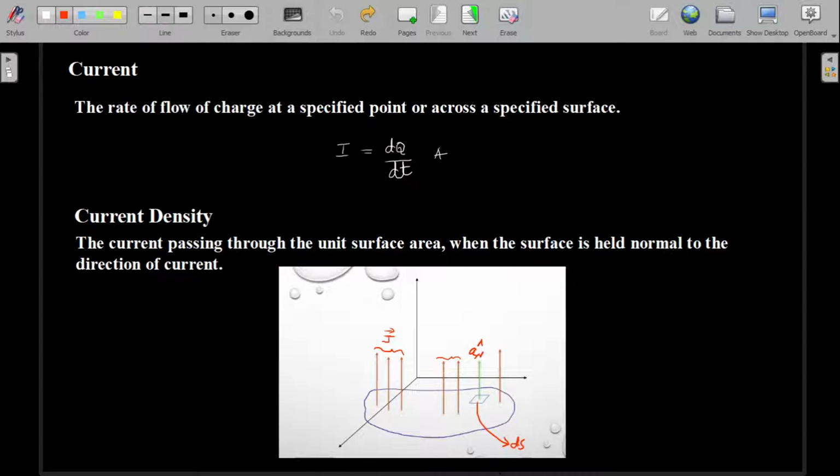Current can also be defined as the rate of flow of charge at a specified point or across a specific surface. So with that definition, we can represent current as I equals dq by dt, and the unit is amperes.